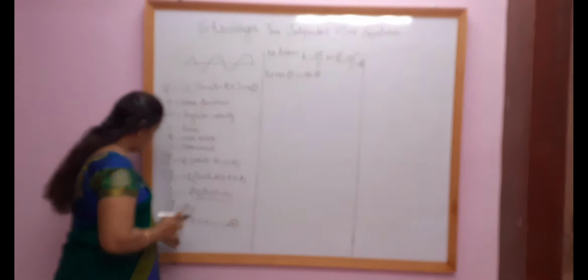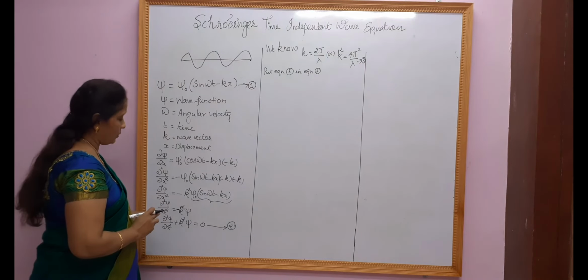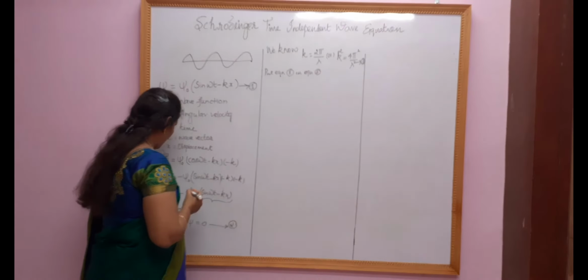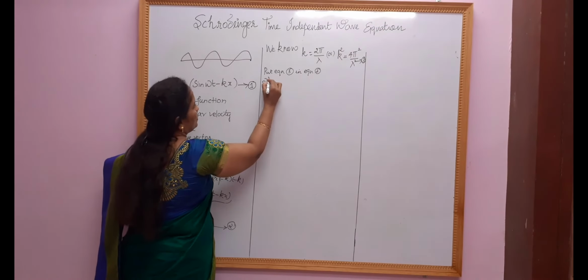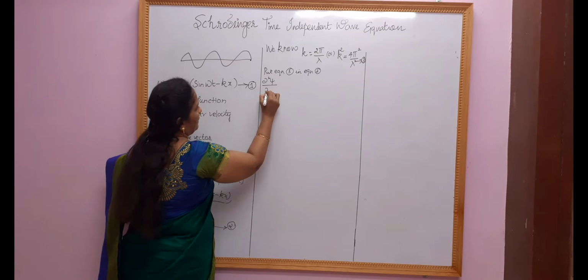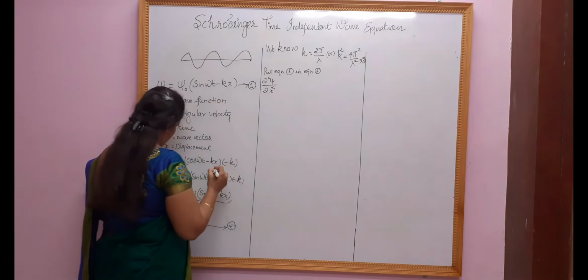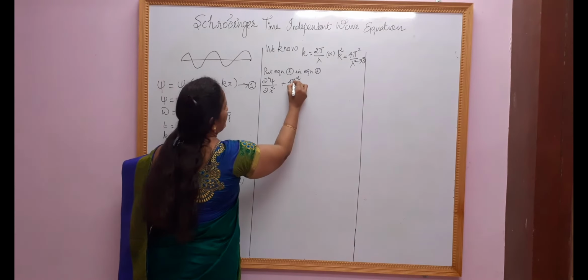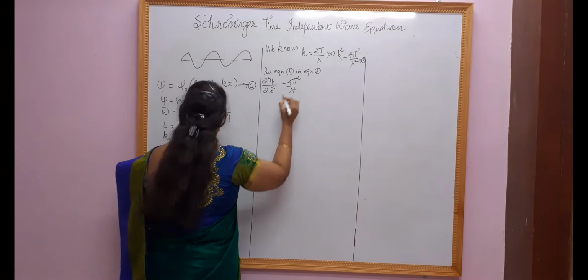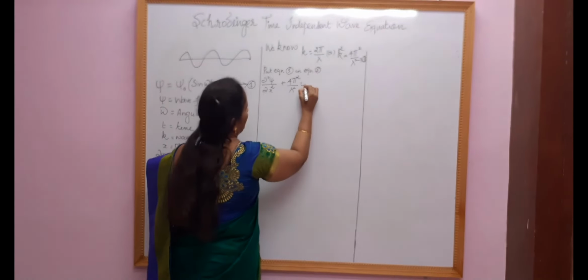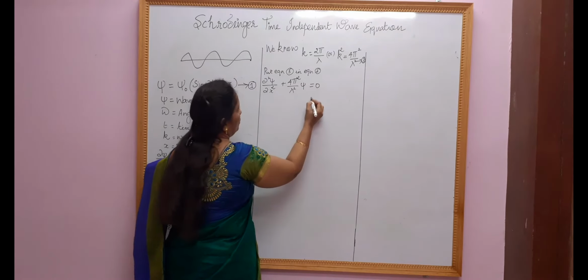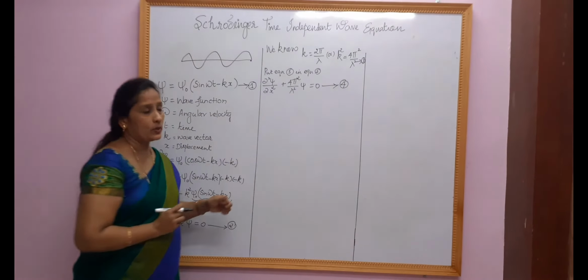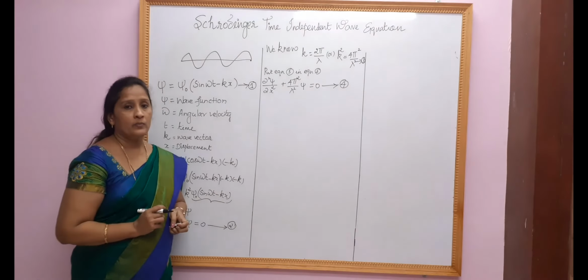So replace k square by 4 pi square by lambda square. So your dou square psi by dou x square plus 4 pi square by lambda square psi is equal to 0. This is your equation number 4.